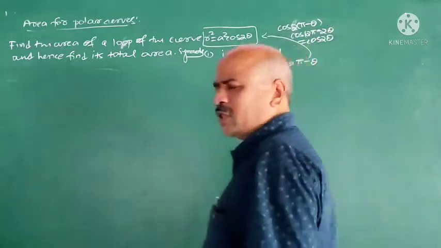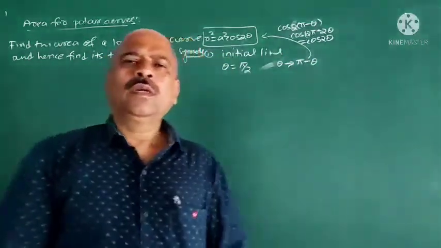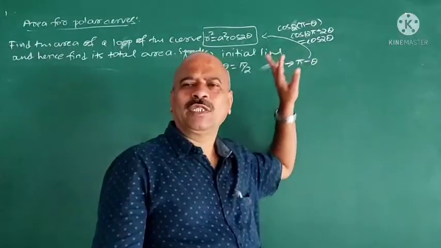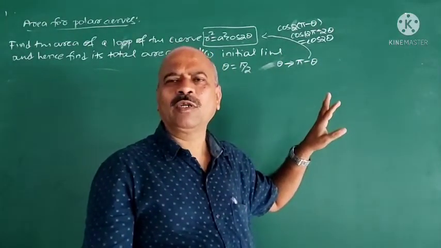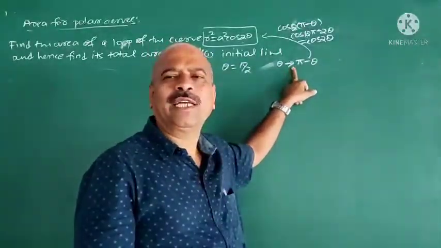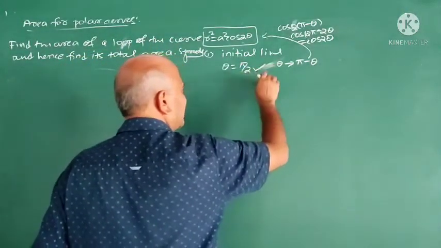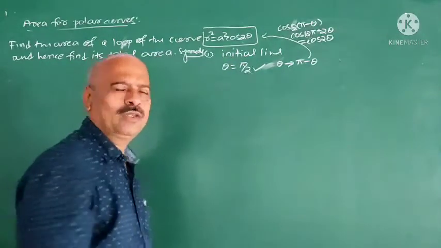In the fourth quadrant, cos is negative. About symmetry, if you change theta to pi minus theta, the equation remains the same. The curve is symmetric about theta is pi by 2.